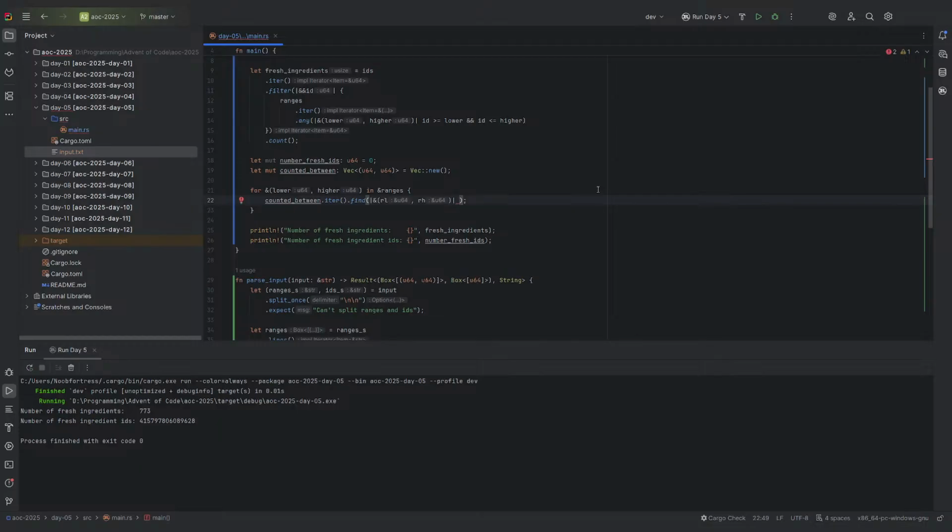Let's first simply need to make it a bit simpler, so first check if this has an overlap on the lower bound.